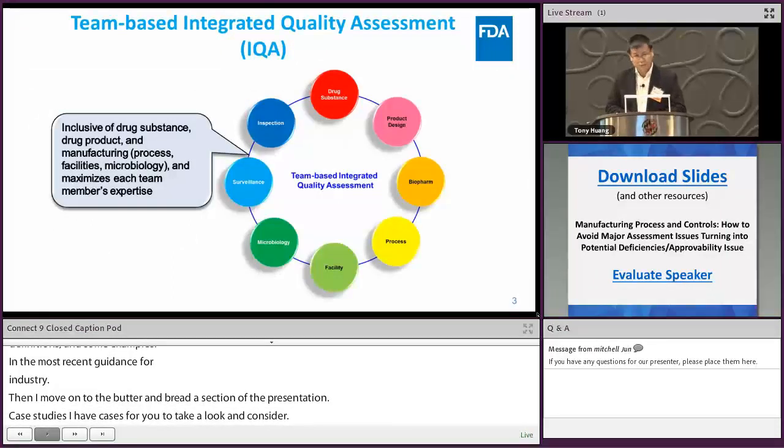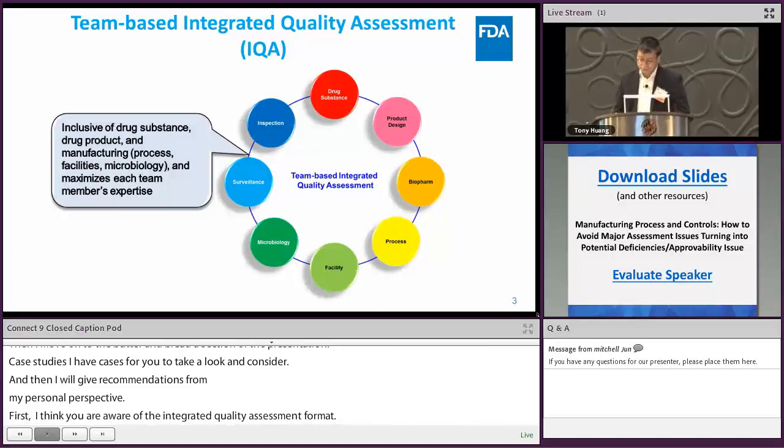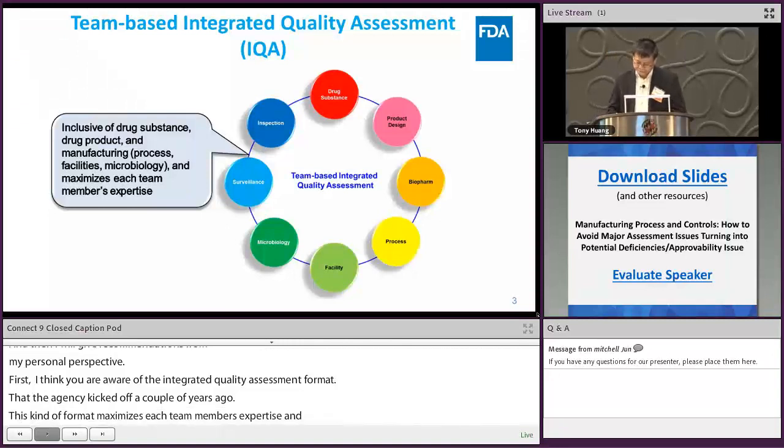First, I think most of you are aware of the integrated quality assessment review format that the agency kicked off a couple of years ago. This kind of format will maximize each team member's expertise and provide aligned, patient-focused, and risk-based drug product quality recommendations, inclusive of drug substance, products, manufacturing, and facilities.